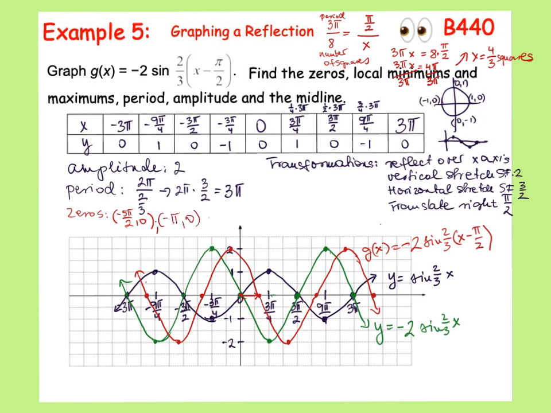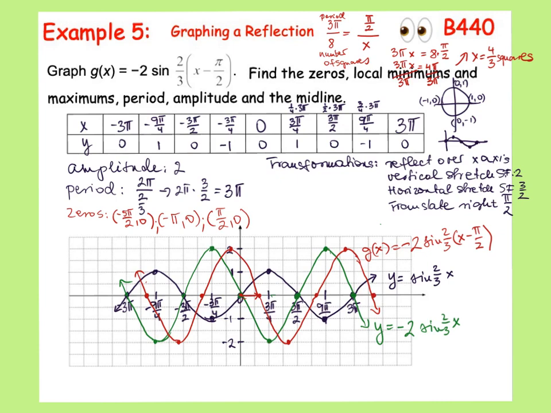And let me put a semicolon here. So the next zero is going to be at pi over 2 because we moved from 0 to pi over 2. So that's going to be pi over 2, 0. And then the following zero is going to be 3 pi over 2 plus pi over 2, which is 4 pi over 2.